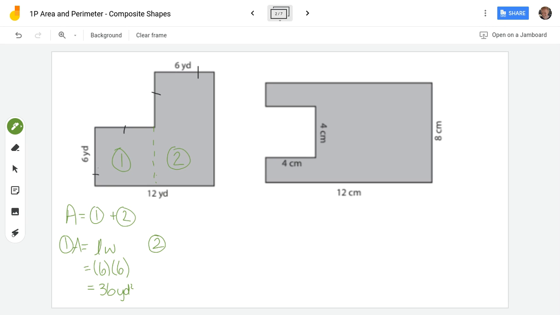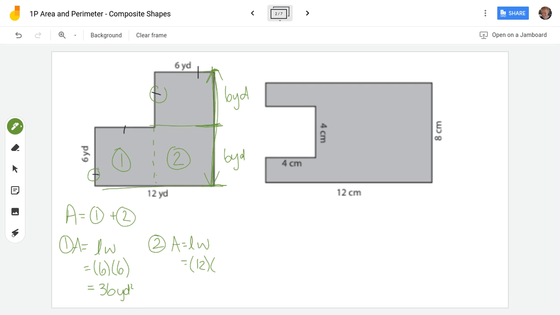And then area 2 is a rectangle, so the area is length times width. The length is over here from top to bottom. Now, this little tick mark and this little tick mark mean both of these are the same. So if the part from the bottom to the middle is 6 yards, and from here to the top is 6 yards, then the whole side is 12 yards.